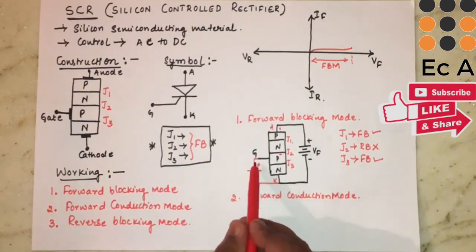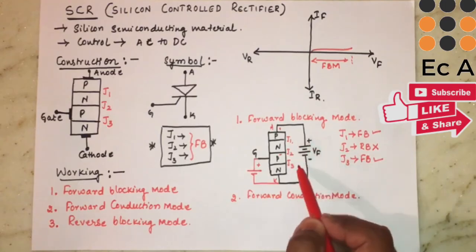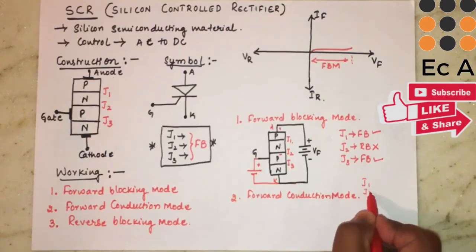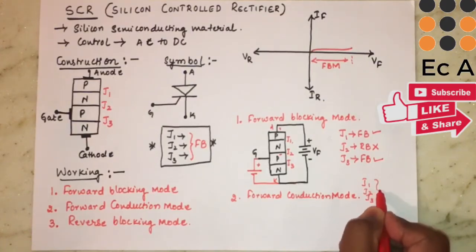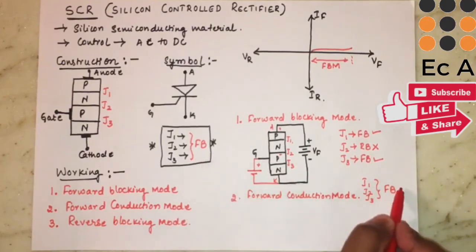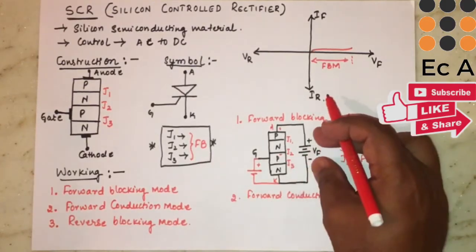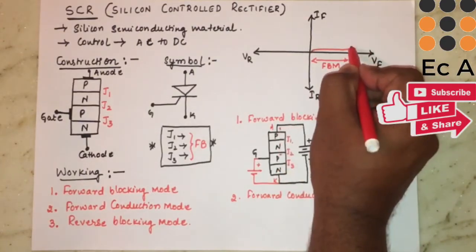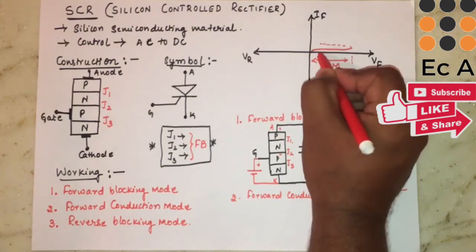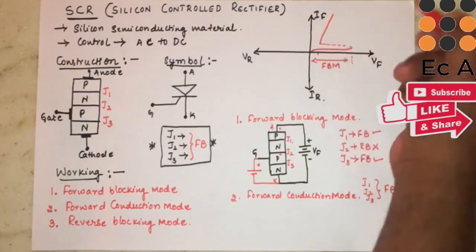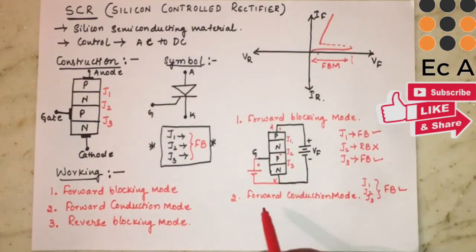When we apply positive voltage to the gate and keep forward bias between anode and cathode, junctions J1, J2 and J3, all three junctions will be forward bias. So it will satisfy this condition. Hence the forward voltage across the SCR will drop, and it will start conducting current linearly. This is known as the forward conduction mode.